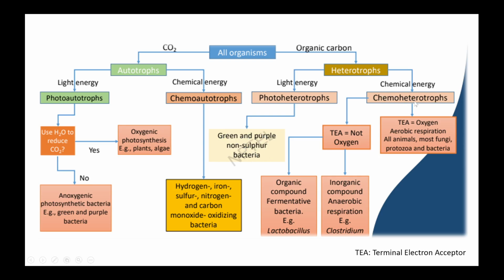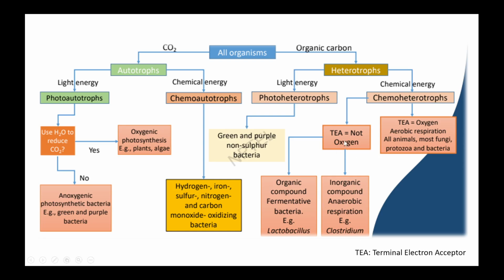Then in chemoheterotrophs, if the terminal electron acceptor is oxygen, then aerobic respiration will happen, which is common in all the animals. We all do aerobic respiration, right? But if the terminal electron acceptor is not oxygen, there can be two processes. One can be organic compound fermentative bacteria, Lactobacillus is an example, or second is inorganic compound anaerobic respiration, like in Clostridium.